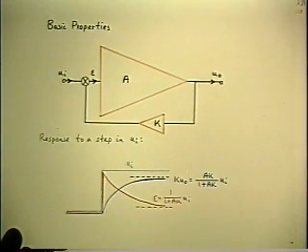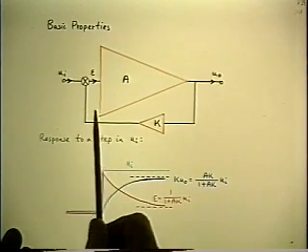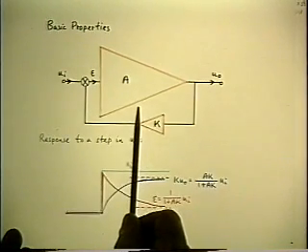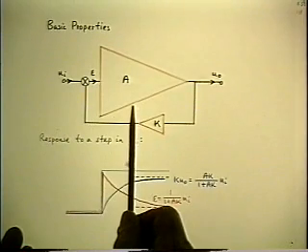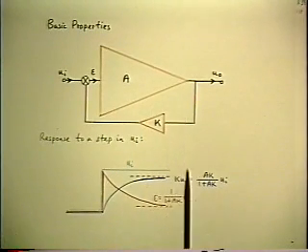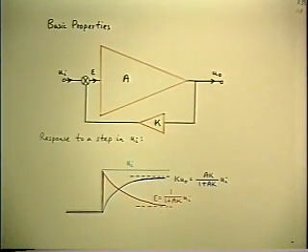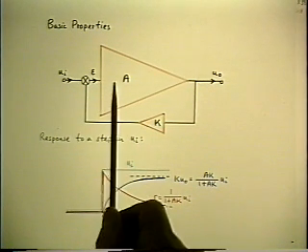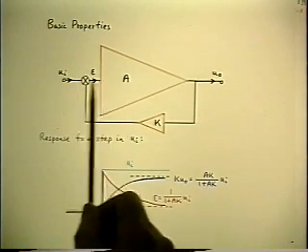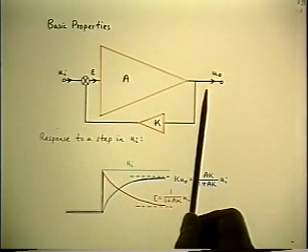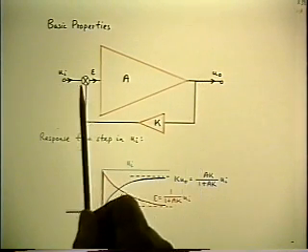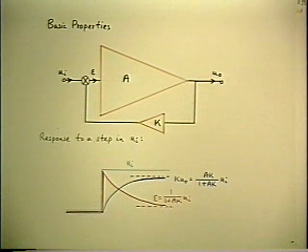What does the system do? Well, first, every practical system has finite bandwidth, which if you translate that into the time domain means that it does not respond instantaneously to a change of input. Therefore, since before the step arrived, the output was 0, then immediately after the step arrives, the output is still 0.